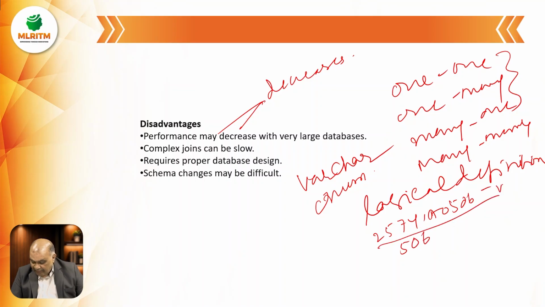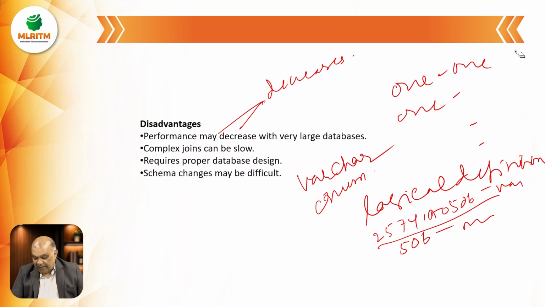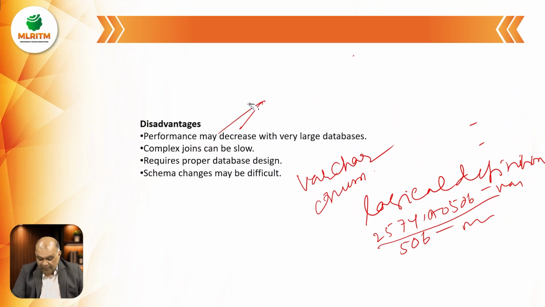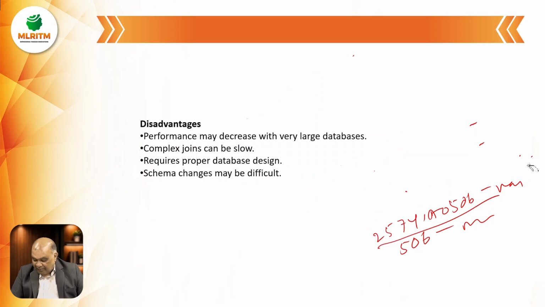This is varchar, this is number. So when I am linking these two tables and giving a join condition, one is varchar and another one is a number, so that becomes complex. The data cannot be retrieved if we have this type of data types. So in that case, the schema definition changes may be difficult. That is the meaning of schema changes being difficult.